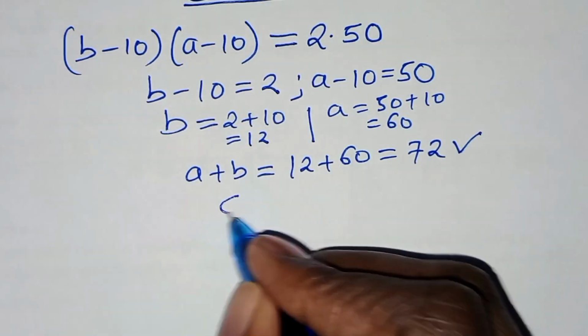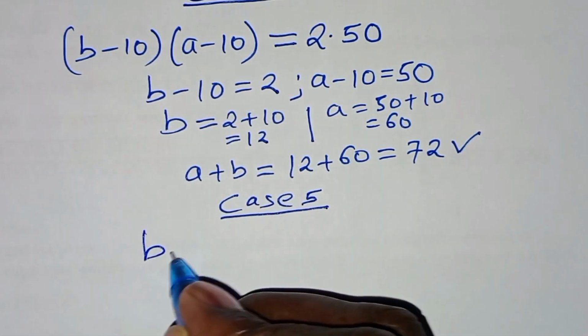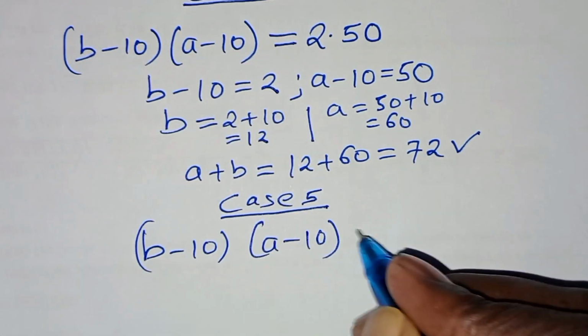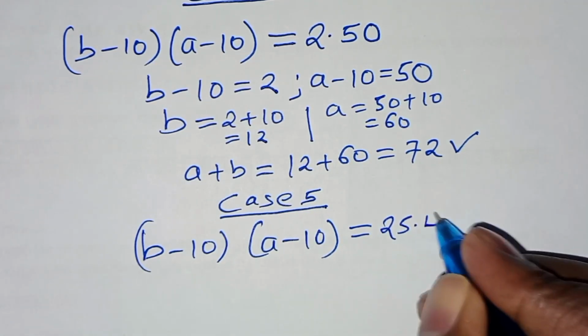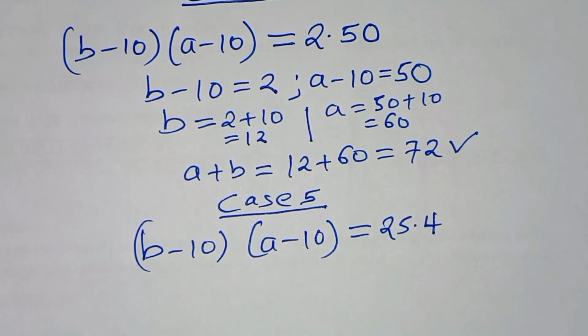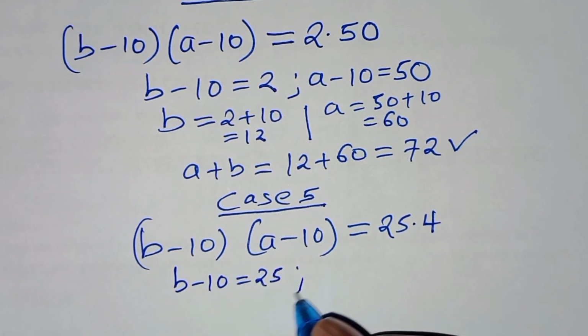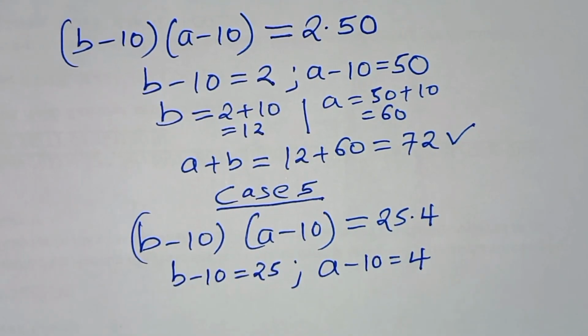Let's proceed to case 5 here. Case 5, we have (b minus 10)(a minus 10) equal to 25 times 4. So here we have b minus 10 equal to 25, and a minus 10 equal to 4.